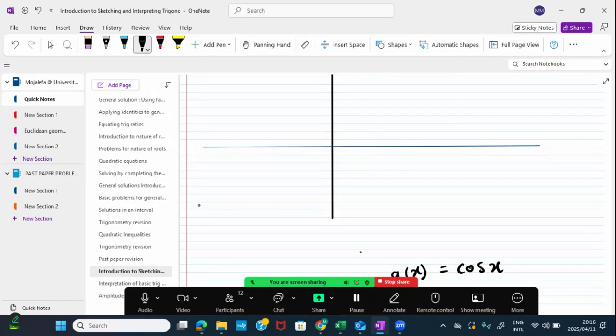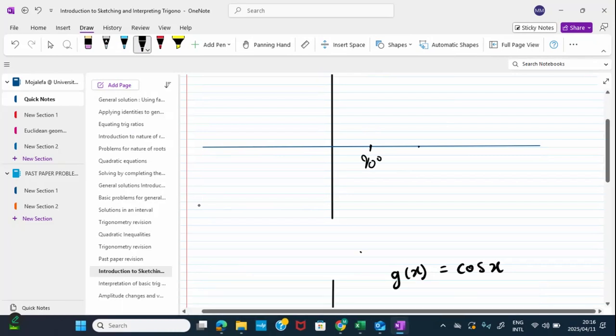Okay. So normally we can just do 90, 180, 270, and 360. Whereby you know that sin 90 is equal to how much? To 1.